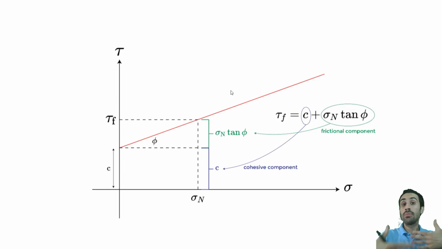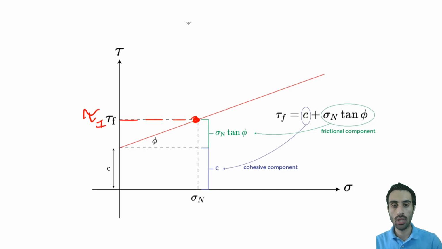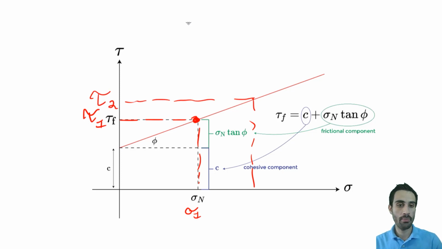And what we do from this direct shear test is plot this envelope by doing multiple of these shear tests. So let's say we do 3 tests. We can plot tau at failure here, let's call it tau 1, then we plot sigma 1. Then we do the same thing and get another one. This is tau 2, the shear. Remember, this axis is shear, and sigma 2.